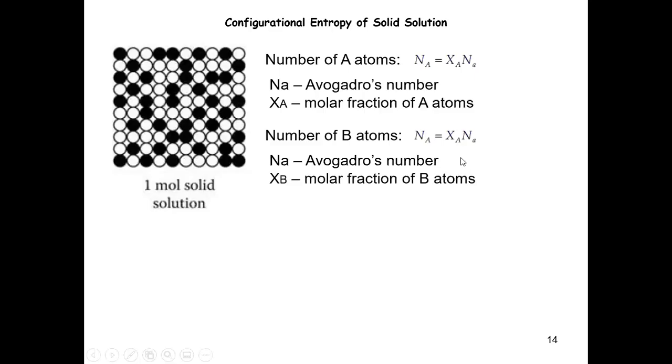This is supposed to be B. Okay, this is NB and this is XB. I'll correct that. But for the same reason, we can write down the number of B atoms. Okay, imagine these are B, not A. So we have the number of A atoms and the number of B atoms, and we have a total number of atoms, and for simplicity, let's just call this N.